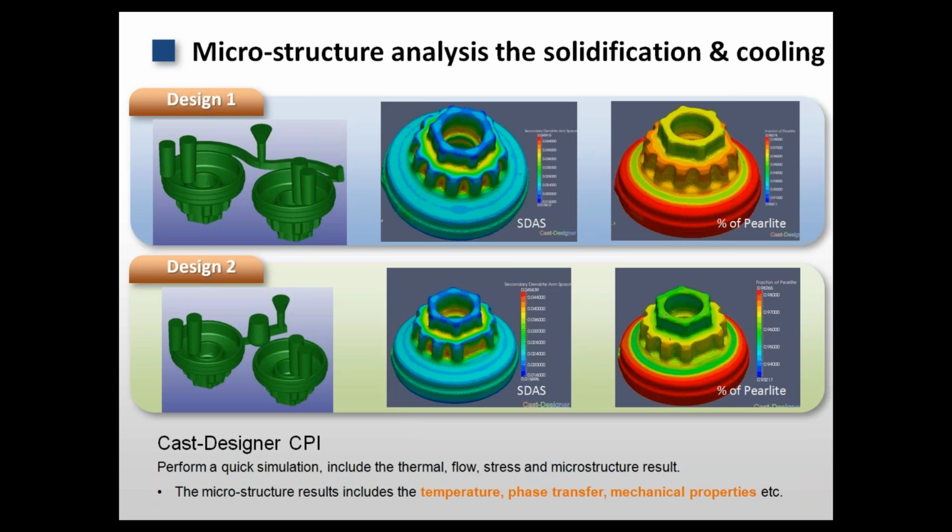Okay. And this page shows the microstructure analysis. For example, we could analyze the SDAS, and you could find out how about the phase transfer, and what about the mechanical properties in the microstructure analysis module?